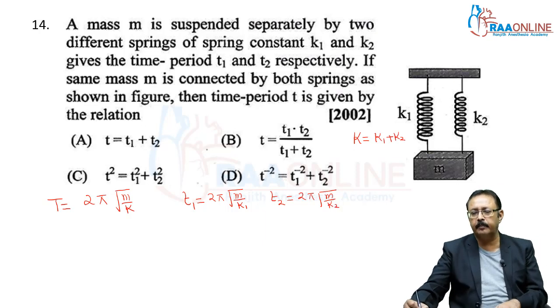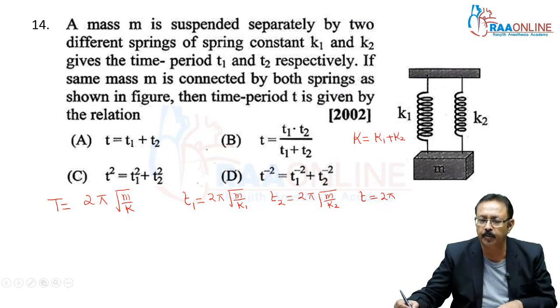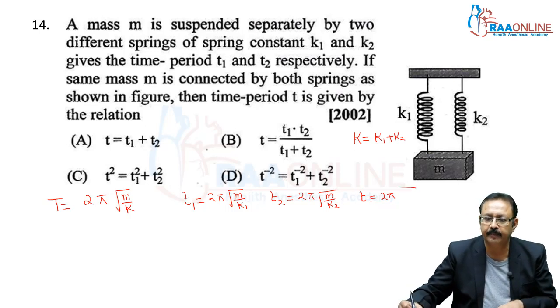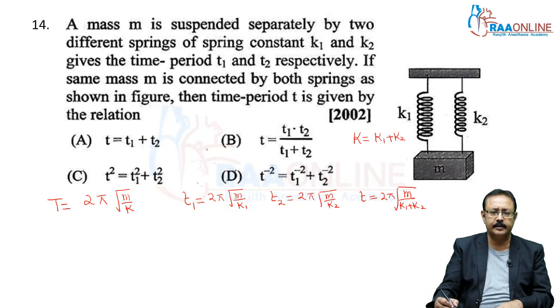Now the springs are combined, and they are saying T. So we write T is 2 pi under root m, the mass being the same. For the combined spring, K should be K1 plus K2.